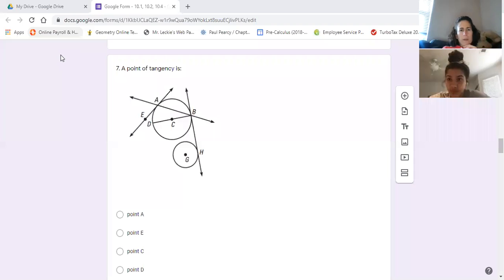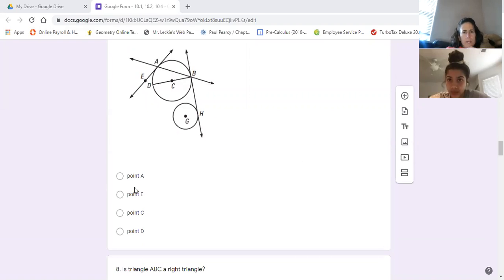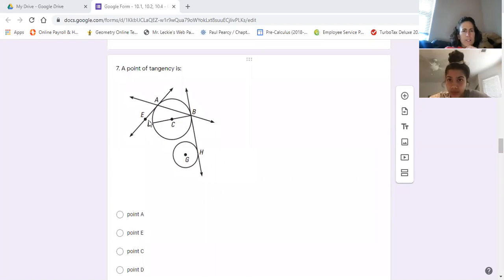The point of tangency. So that's the point at which the tangent line touches the circle. Let me share my screen here. If you look here, point E doesn't even touch at all. I'll give you an example.